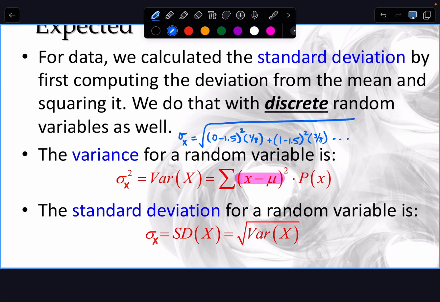And then I would continue that process for each and every outcome. Then I would take the values and plug them all in my calculator at once, so square root, make sure to get the parentheses in the right spot, and you calculate your standard deviation.